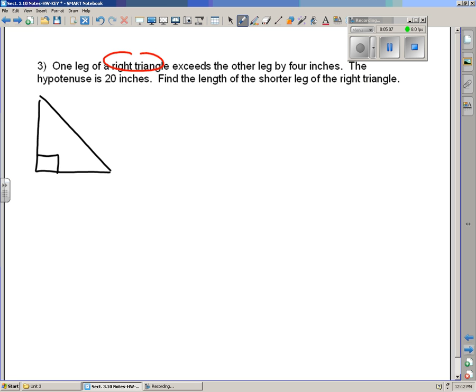So here's the right triangle. You know for sure that the hypotenuse is 20. And it says one leg exceeds the other by 4 inches, which means one of the legs has to be x. It doesn't matter which one you choose. But then the other leg is going to have to be 4 more than that. Exceeds means greater than, more than.